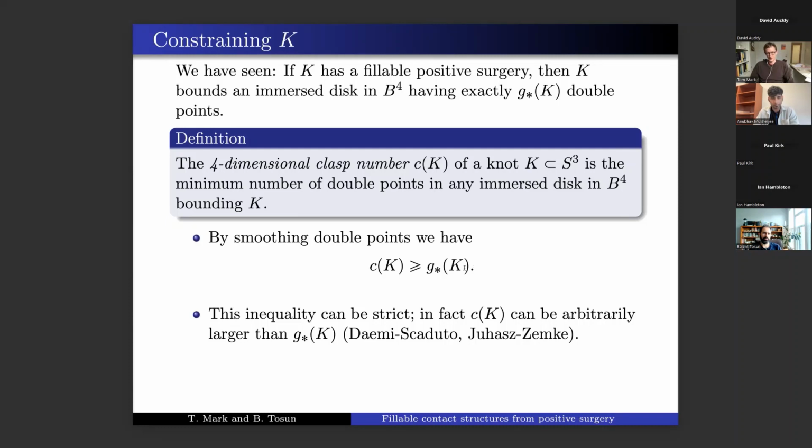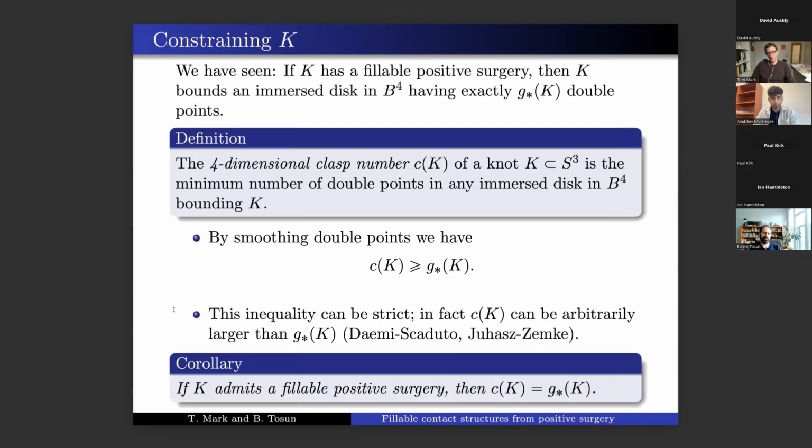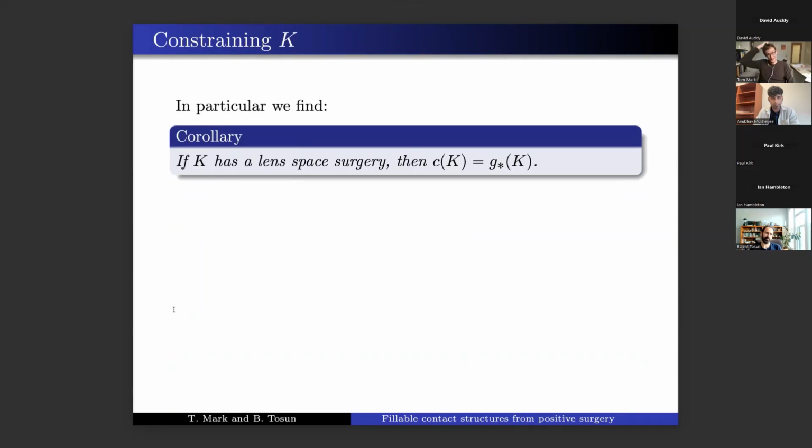This was an object of recent study by a couple of people, Juhász and Zemke, who independently gave different examples showing that the clasp number can be arbitrarily larger than the four-ball genus. But if you have a fillable surgery, that doesn't happen, and the clasp number and the four-ball genus have to be the same. So for example, if you have a lens space surgery, we already showed that it has a fillable surgery, so the clasp number has to be the four-ball genus.